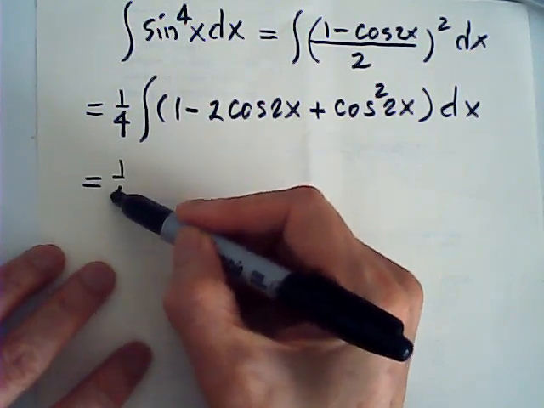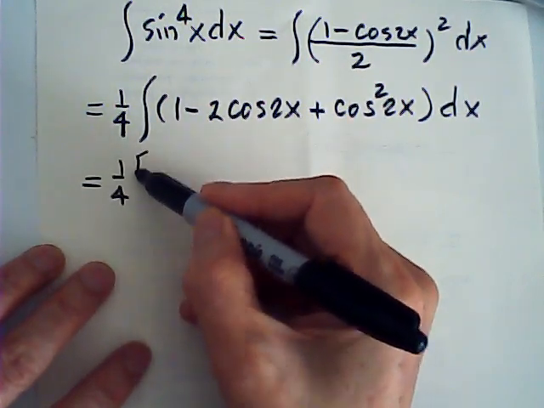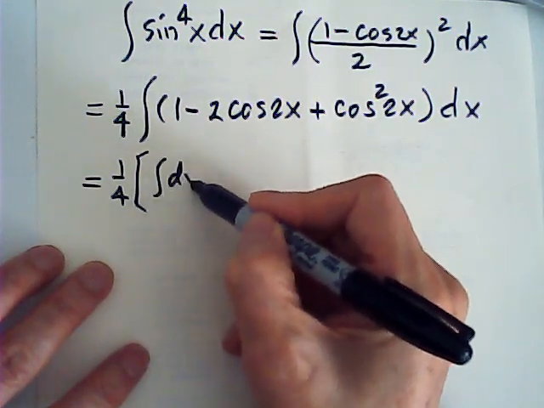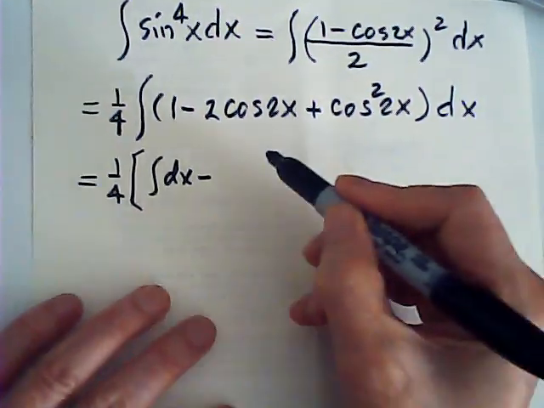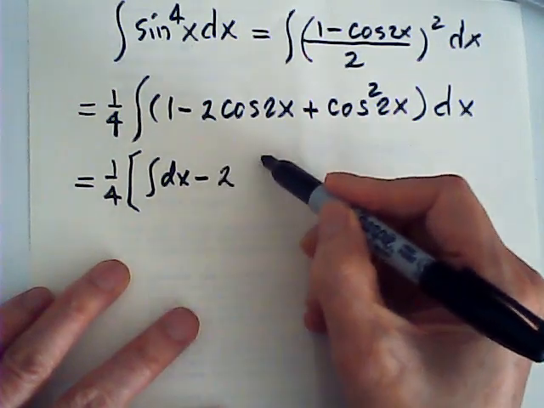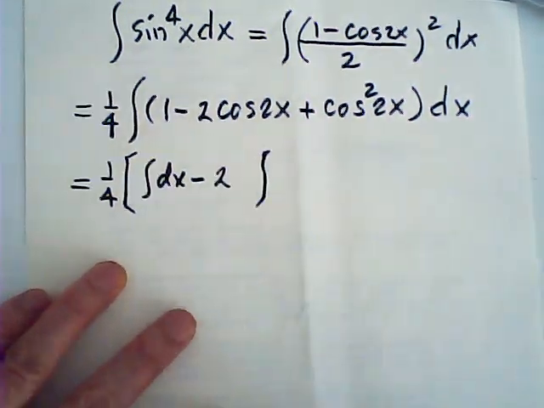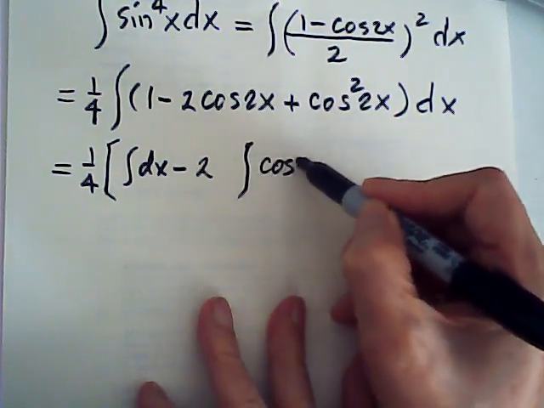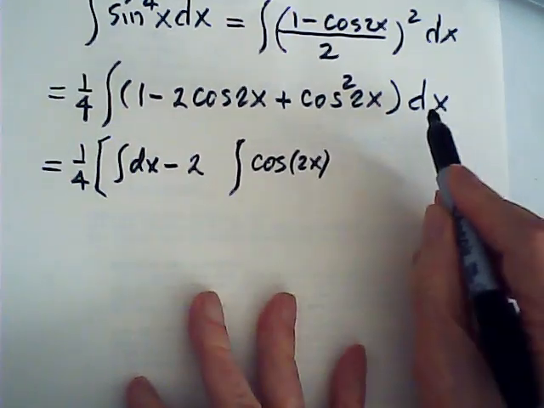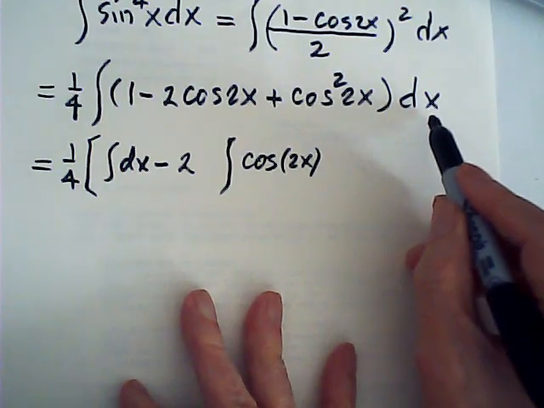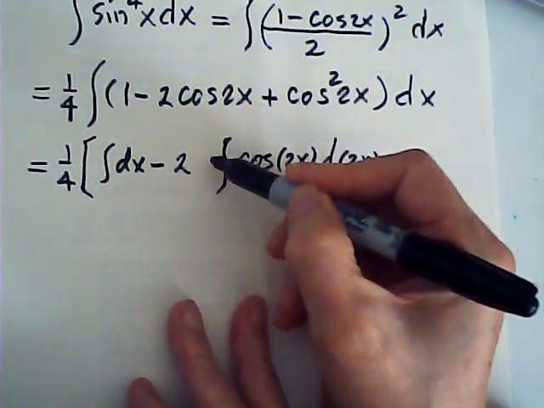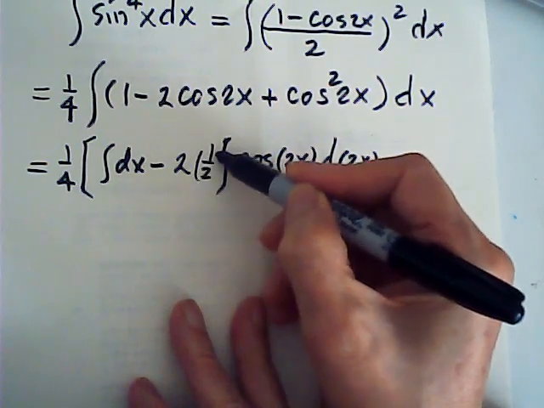Then this is 1/4 integral, this is a dx, minus 2 integral cosine 2x dx. I change the dx into d2x, times half.